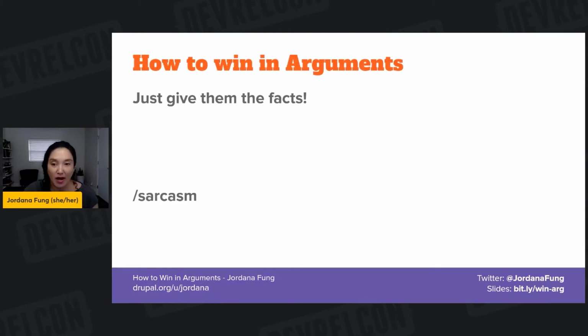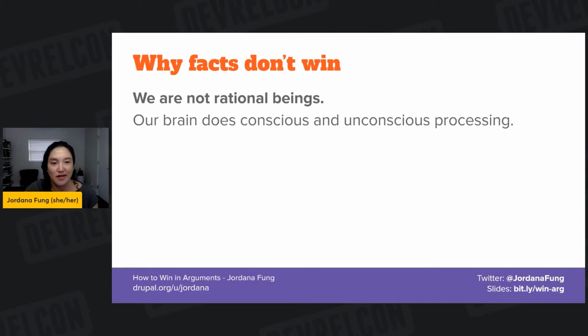So how do you win an argument? Just give them the facts, right? No. Unfortunately, just giving facts doesn't win arguments. We are not rational beings. We think and reason with our emotions, our history, our experiences, our belief system.